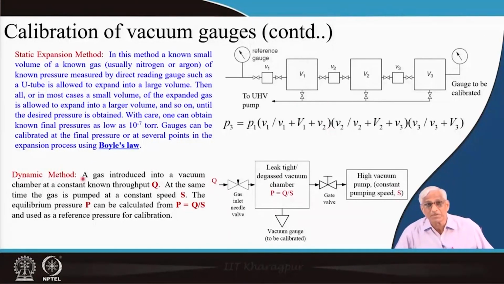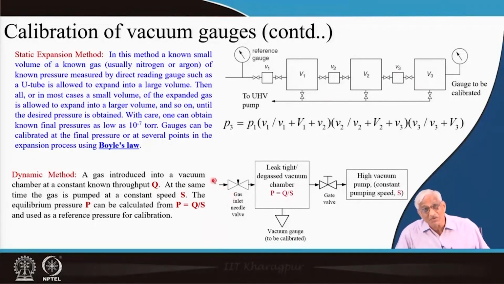Second method is the dynamic method. If you can measure accurately a mass flow rate of a leak through a very high quality leak valve, that mass flow rate in vacuum technology is called throughput, because pressure is proportional to density.